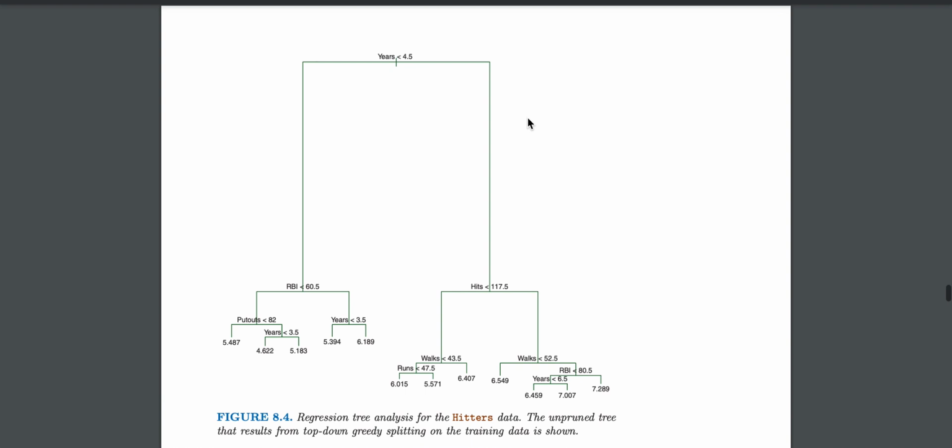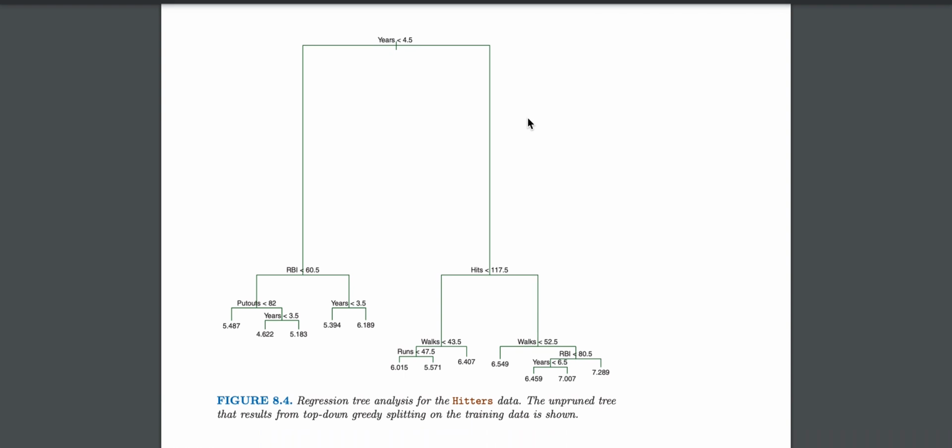Okay. So here's an example. This is an overgrown tree. It's a tree that is grown to the extent where in each region we have at most 4 or 5 observations.